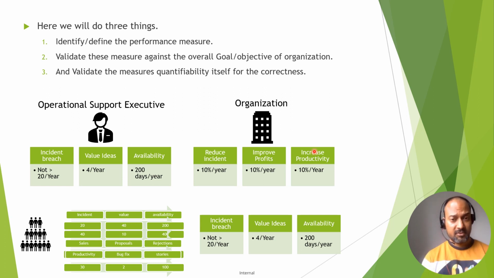I hope with those examples you will be able to relate: define the performance measures, validate these measures against the overall goals and objectives of the organization, and validate the measures, which means their quantifiability and correctness.